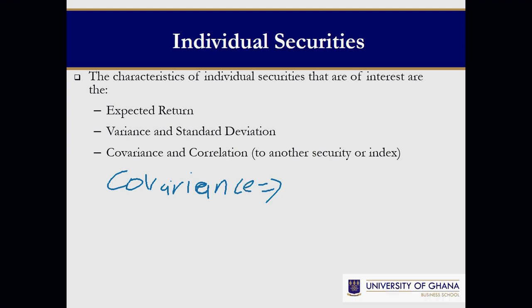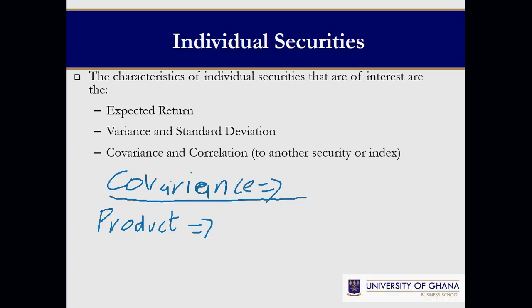Covariance is equal to the product, where the product is the stock deviation times the bond deviation.